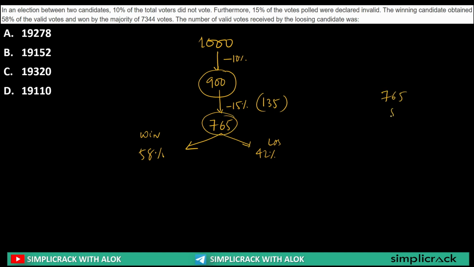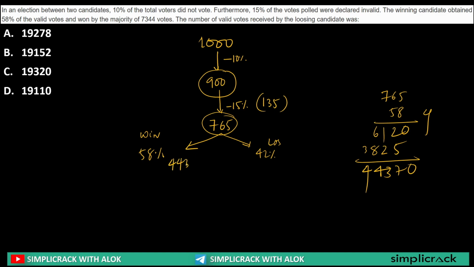Clear? 765 into 58 gives 44370, divided by 100. So the winning candidate got 443.7.